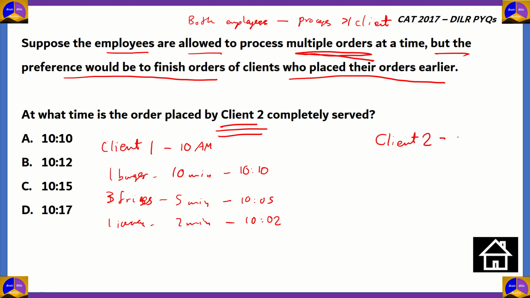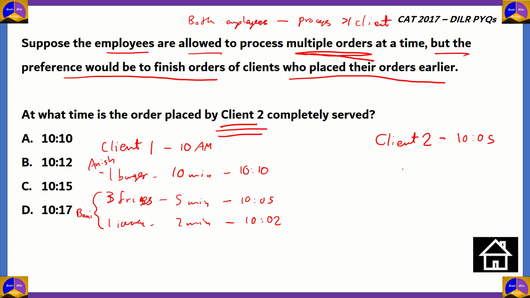Client 2's order was submitted at 10:05, and the ice cream and fries for client 1 were already served. Let's consider Anish works on the burger. That means Bonnie would be working on the ice cream and the fries, and she is free at 10:05.